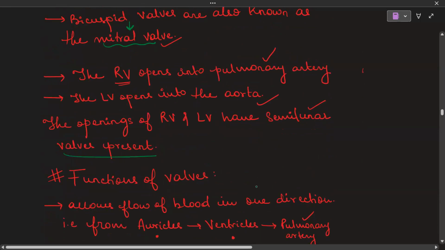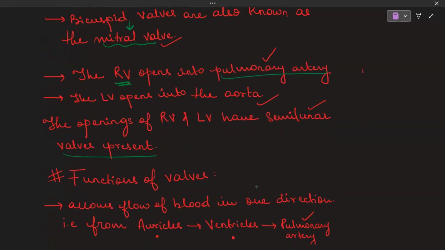Now tell me, when the right ventricle opens into the pulmonary artery, where will it lead to? To the different parts of the body?